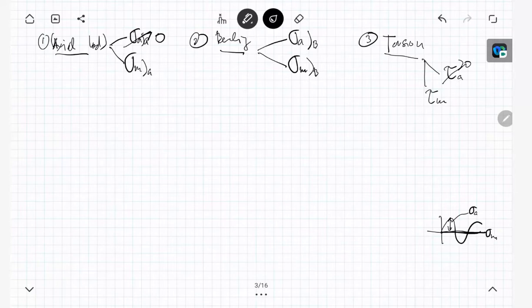So then we just calculate the sigma mean caused by axial loads, which is axial force divided by A.